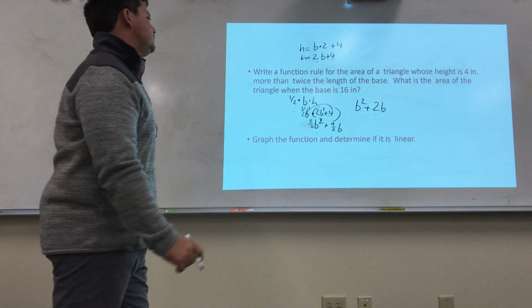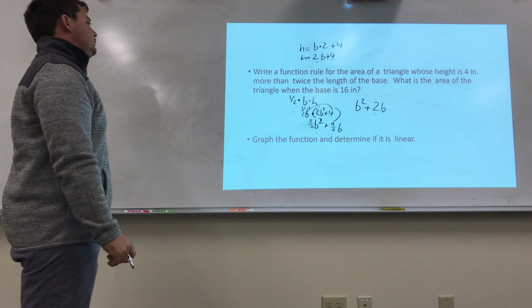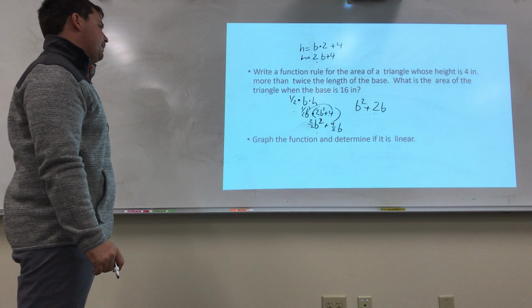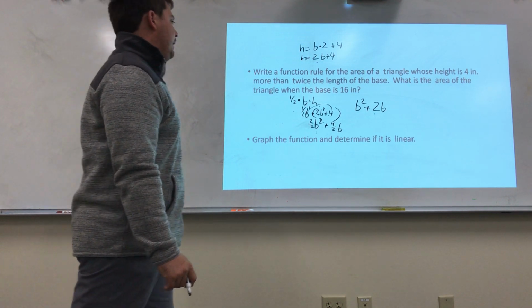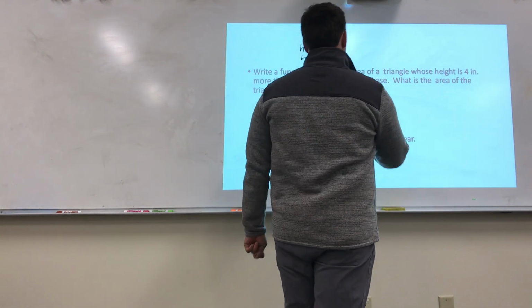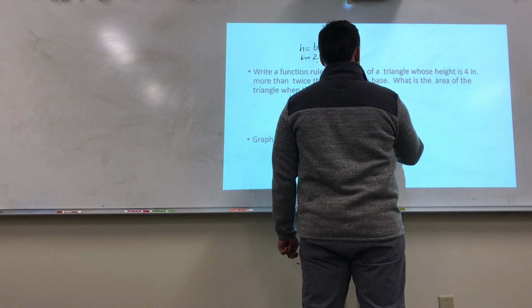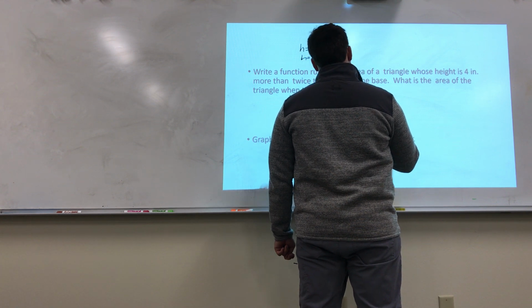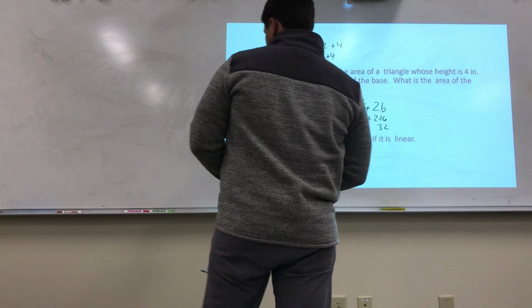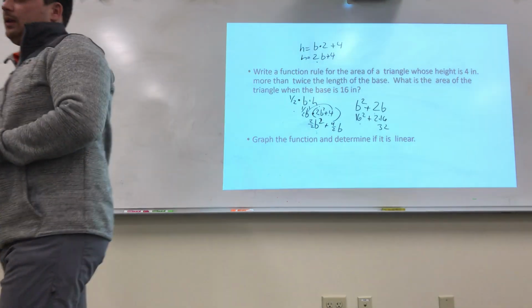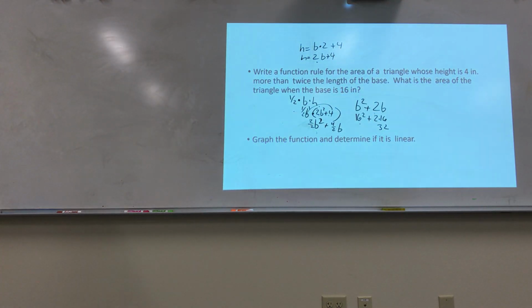Okay, b is base. So to find the area, I would have to go in here 16 squared plus 2 times 16. This is 32. That one would have to be not quite 300, I don't think.